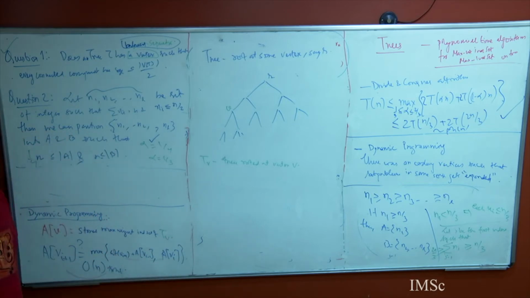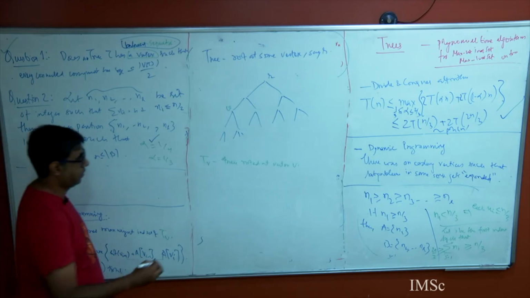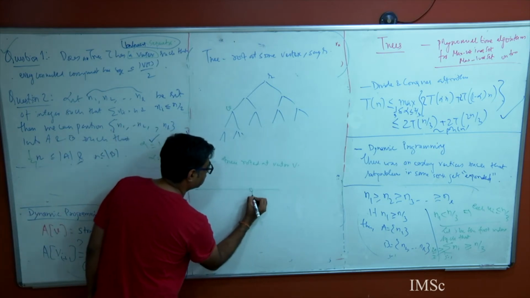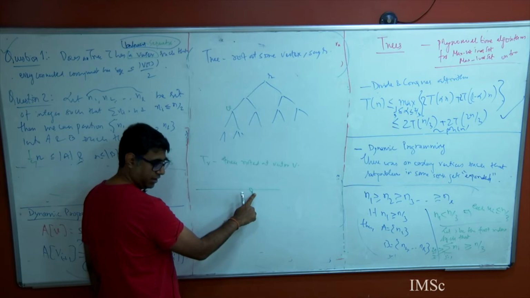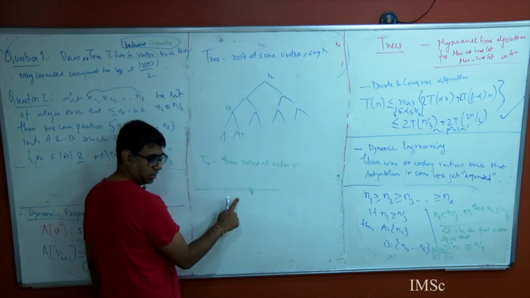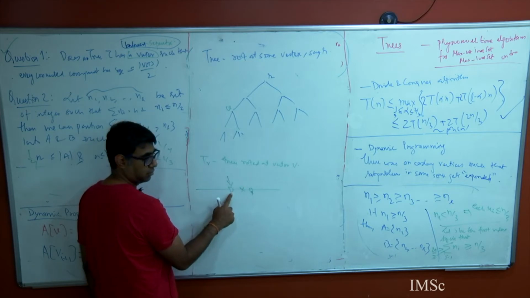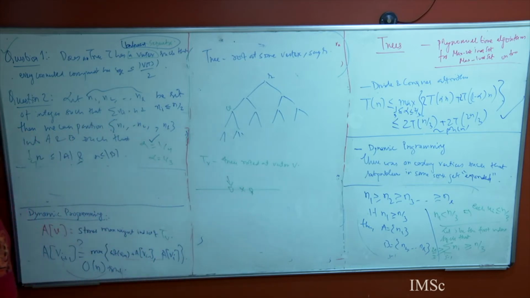Can I do this now? When you had a path, you said, hey, look, if I pick him, then I don't pick his neighborhood, which is the same as go and look at the value here. Now what should I do? Where should I look for his value?